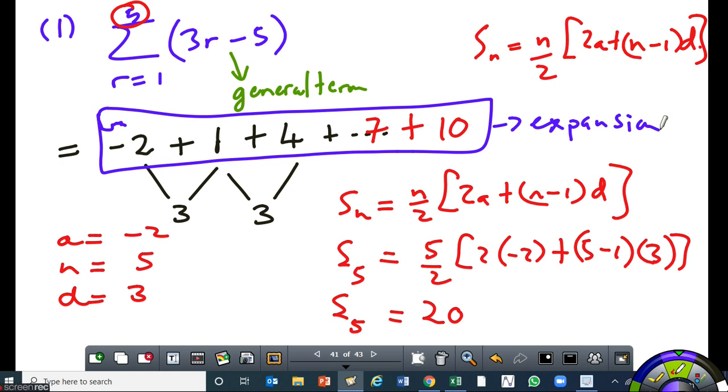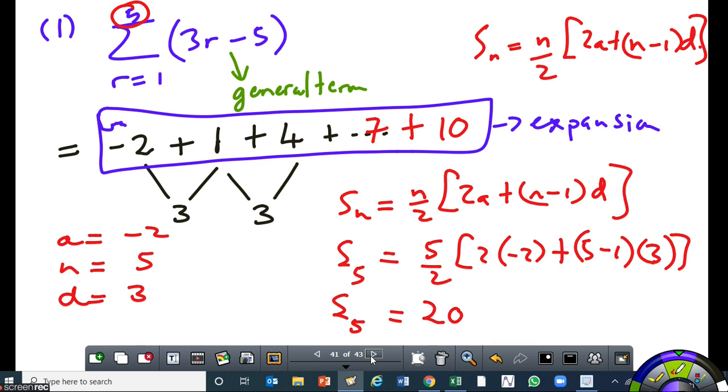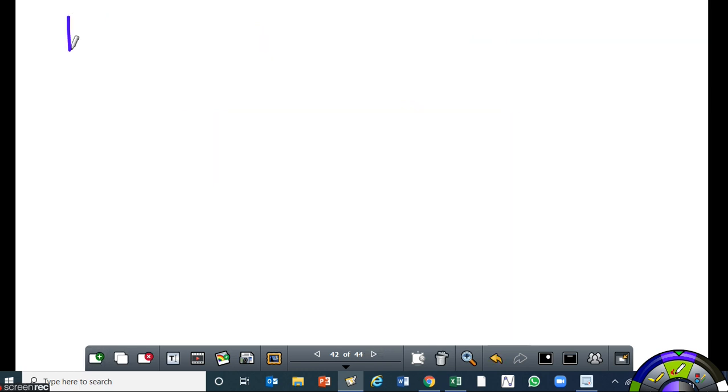Now, okay with that? Let's choose the question with the geometric one. Right. Now, a geometric one, like this one here, it says from r equal to 0 up to 5. So I'm going to do that from d. Okay? So 1d sigma from r equal to 0 up to 5.